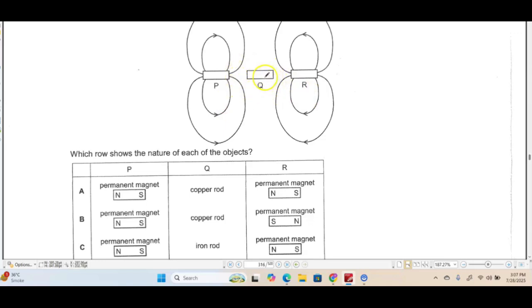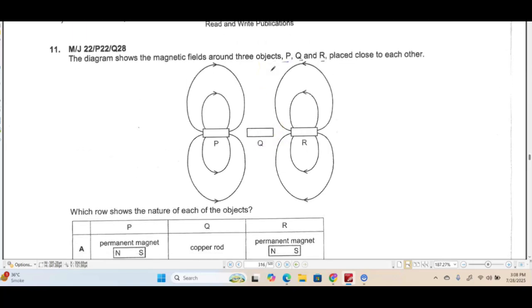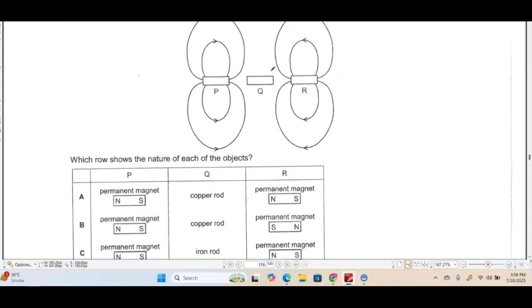So this obviously is going to be some magnetic material. But this isn't being attracted to this or this. So I think this is going to be something which is not magnetic. Well, let's look at the options.